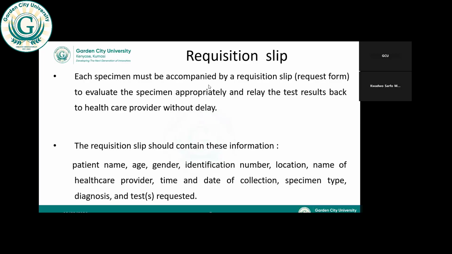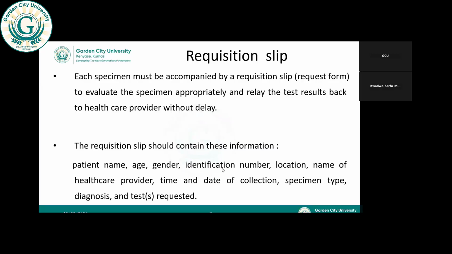So the results should also be communicated back to the healthcare provider. Communication. The patient name or the client's name should be on the requisition slip.